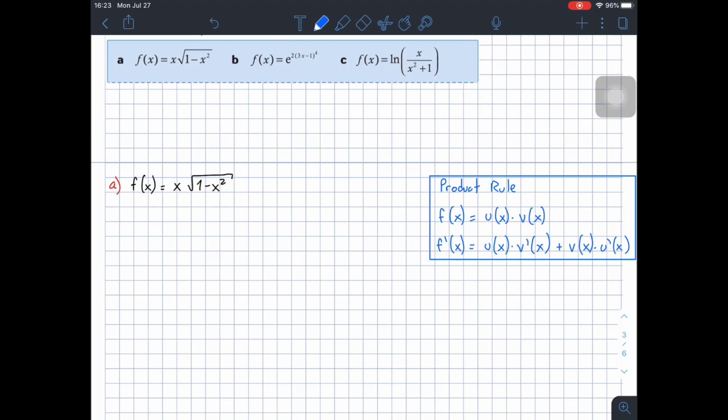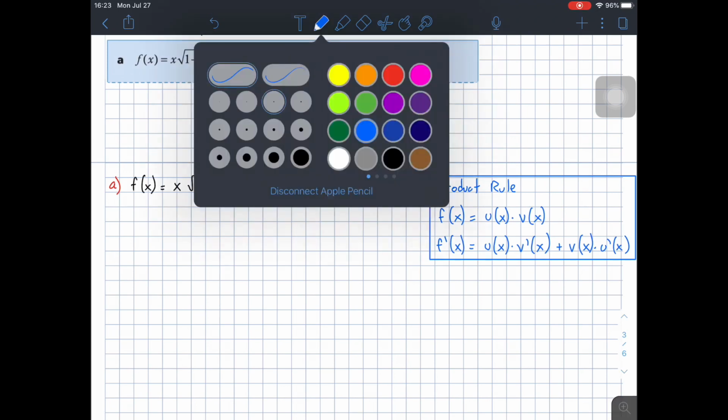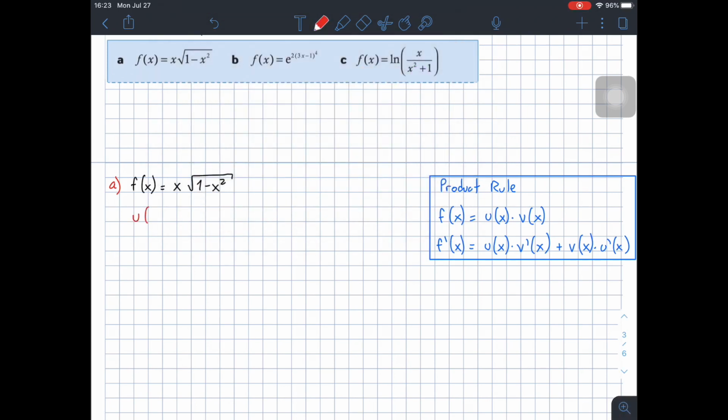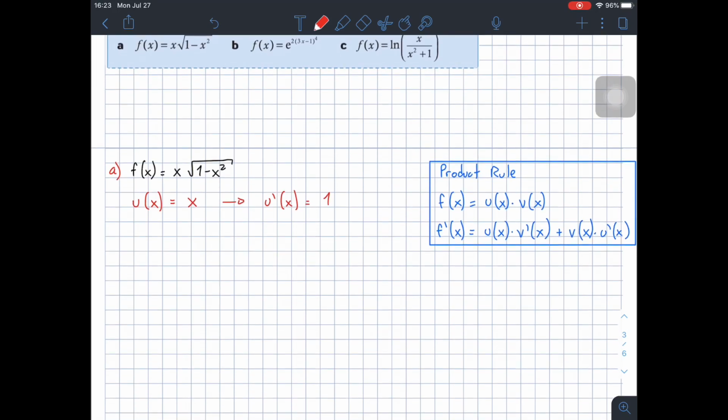First of all, I see that we have that function u of x in this case is equal to x, right? So if we find u prime of x, this would be equal to 1, right? The derivative of x is 1. And the function v is the square root function, right? The square root of 1 minus x squared.